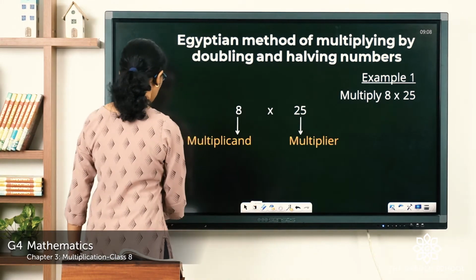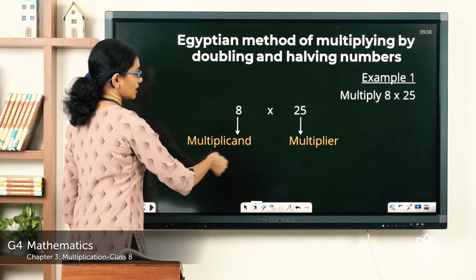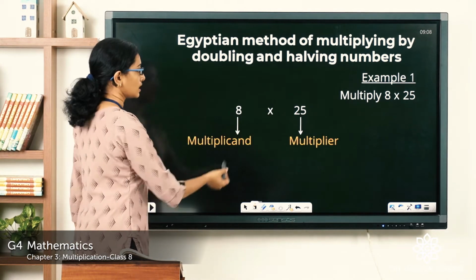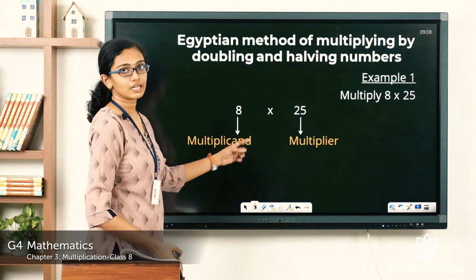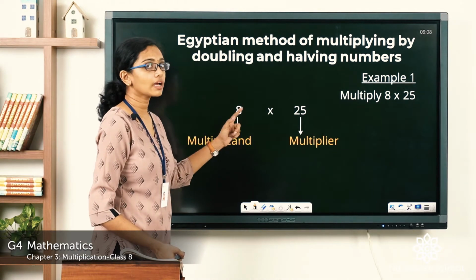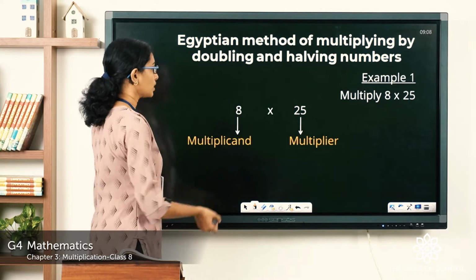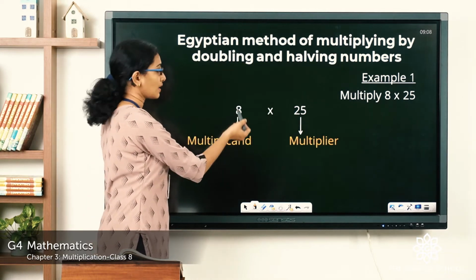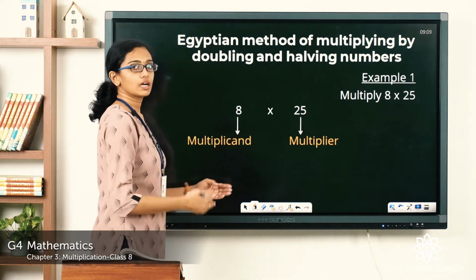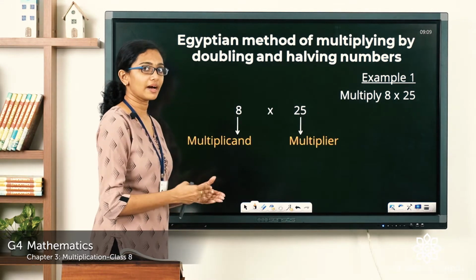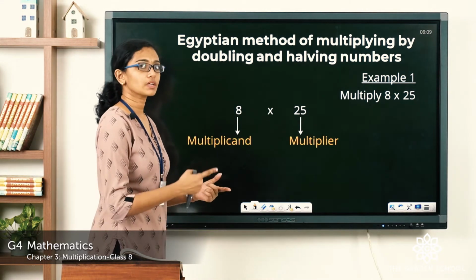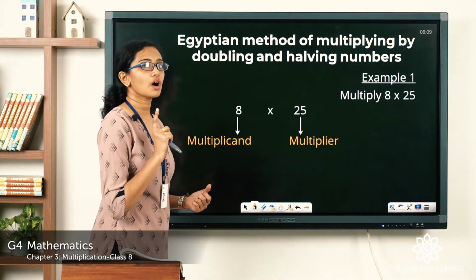So the first step is to consider the multiplicand. Here the multiplicand is an even number. We know 8 is even. So when you have an even multiplicand, what do we do? We have to halve the multiplicand, or divide the multiplicand by 2 repeatedly, until you get a quotient of 1.